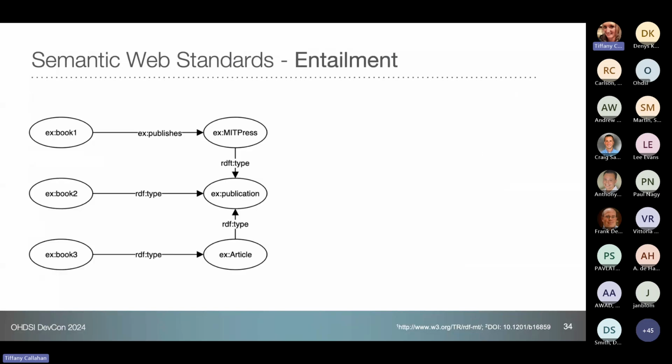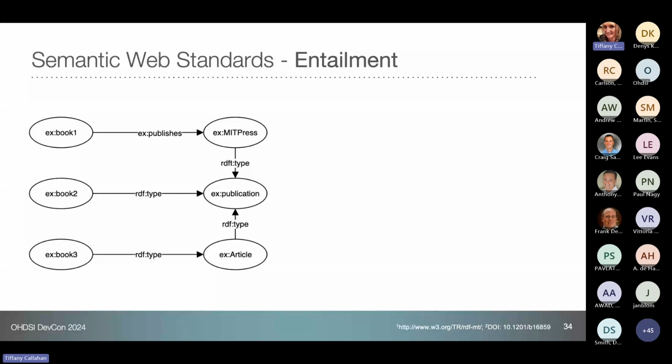So this slide provides an example of what an entailment looks like. The first figure I'm showing you models an example of different triples about books and asserts the following facts. It tells us that book 1 publishes MIT Press. MIT Press is a type of publication. Book 2 is also a type of publication. And book 3 is an article, and an article is a type of publication.